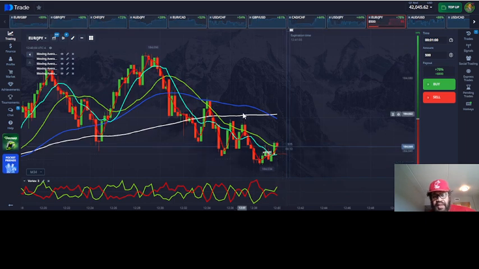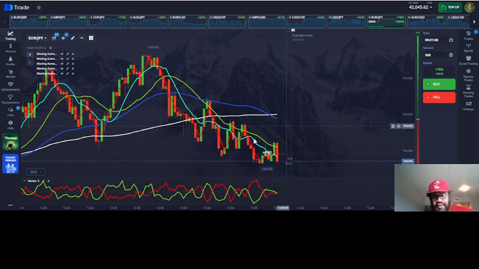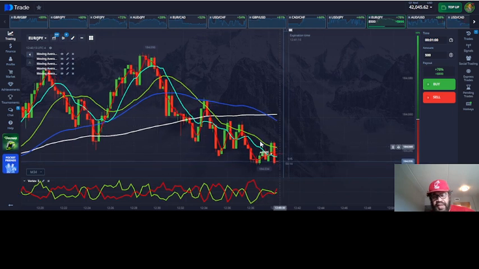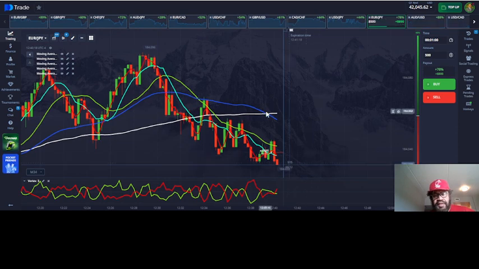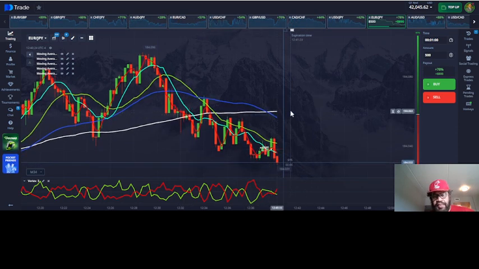The SMA lines, we have the 50 SMA sloping downwards along with the 20 and the 9 period SMA. The 100 SMA is not sloping downwards, but I was looking at the overall trend here and waited for that Vortex cross.